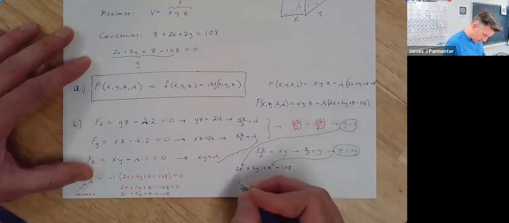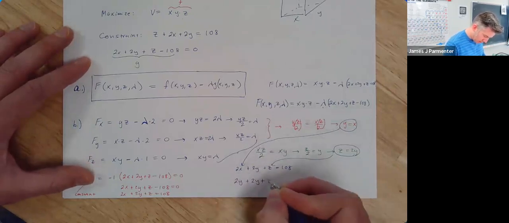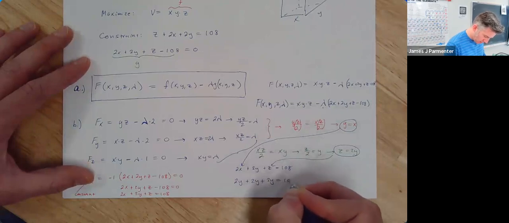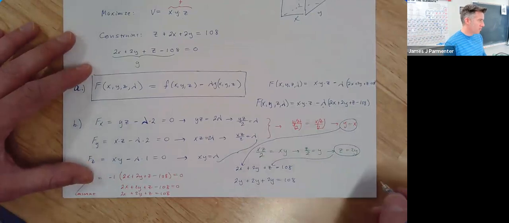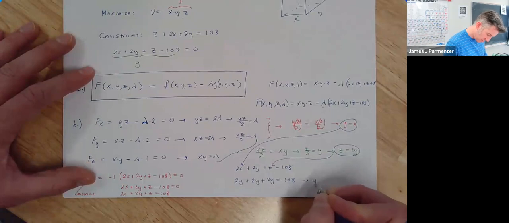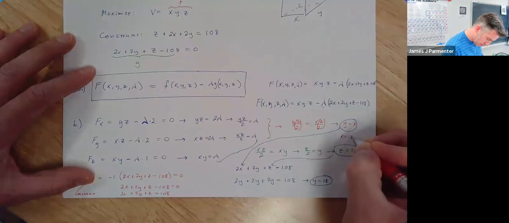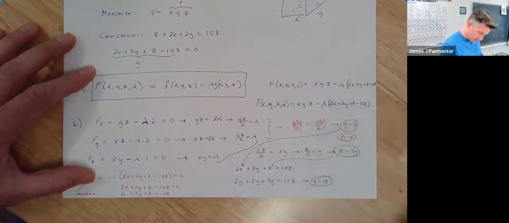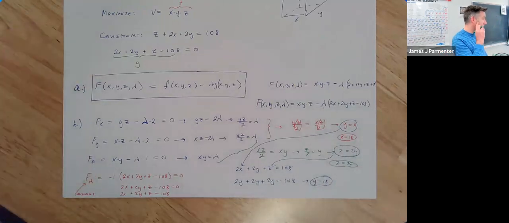So I'm going to get 2y plus 2y plus 2y equal to 108, or 6y equal to 108, or y equal to 108 divided by 6, which is 18. And then if y equals 18, we're going to get x equal to 18. And if y equals 18, z is going to equal 2 times 18, which is 36, which is exactly the same numbers we got the first time we did it.